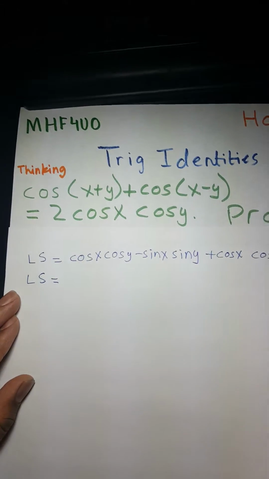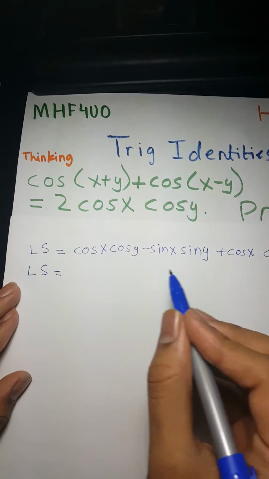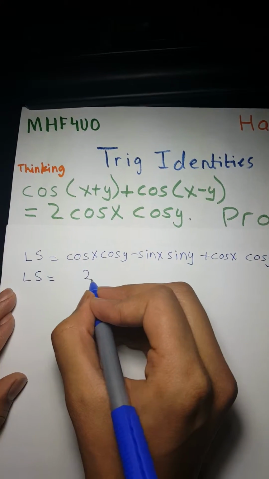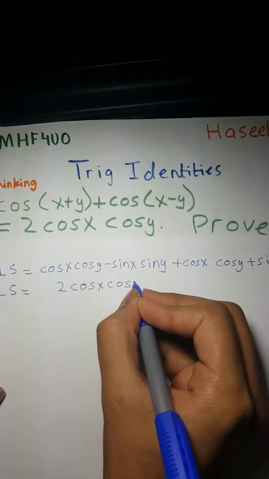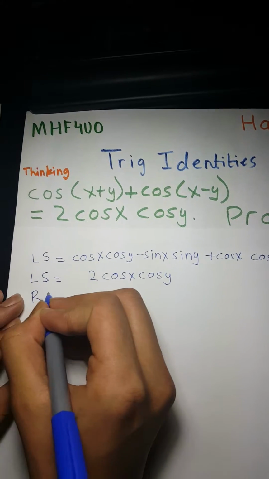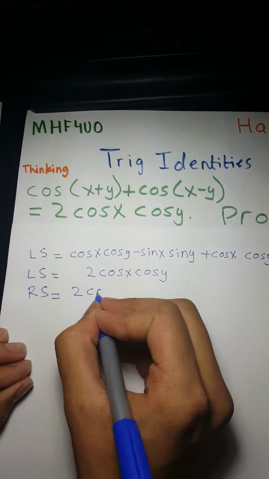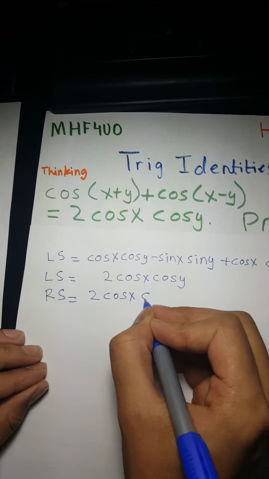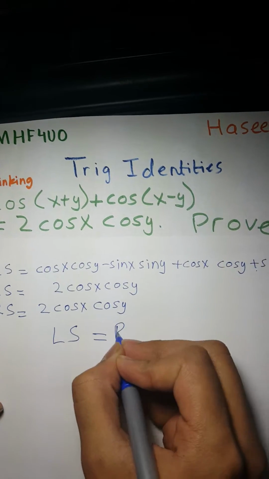We see that that's a negative, that's a positive, they cancel out. The cos x cos y thing repeats twice, so we say 2 times cos x cos y. And just when we read that, we notice that the right side equals 2 cos x cos y. Hence proven that the left side equals the right side.